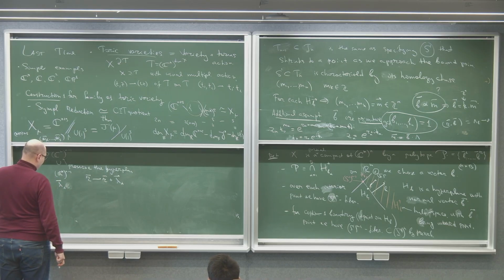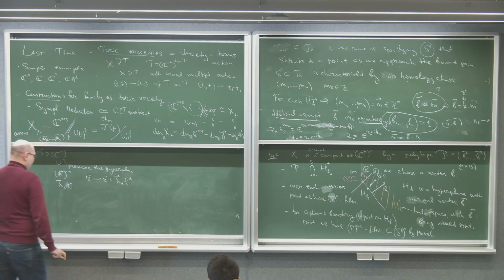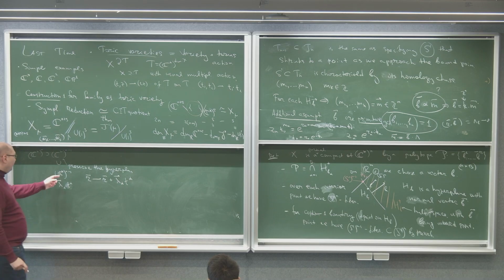Okay, I need to separate weights and parameters. Let me temporarily call the parameters t alpha. So each element is some collection of weights lambda.